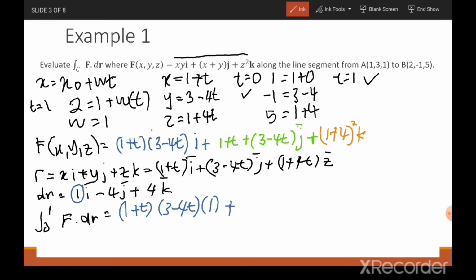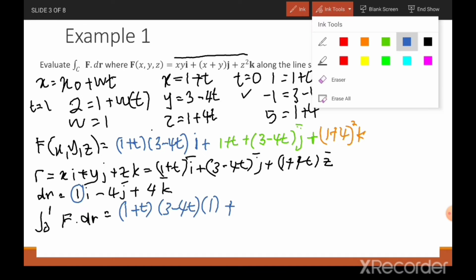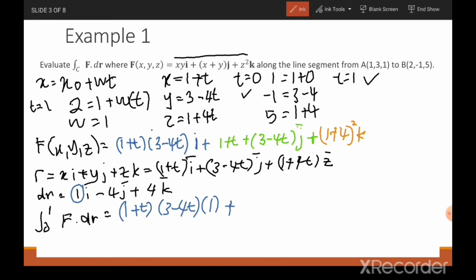1 plus t plus 3 minus 4t. So I think you can simplify this one. Then this one times with negative 4. So this one is for vector j.